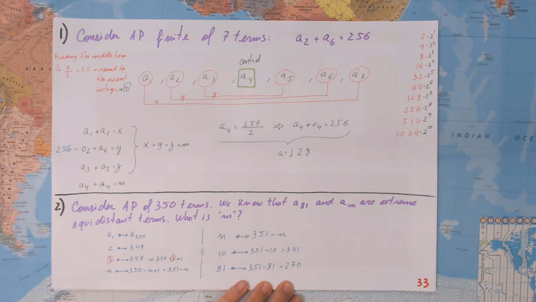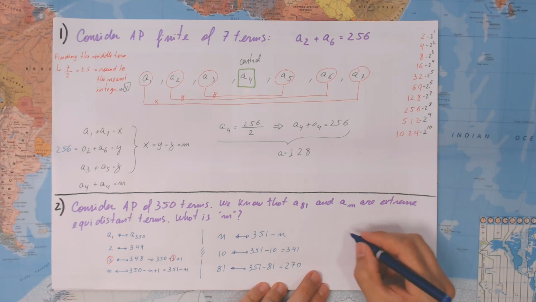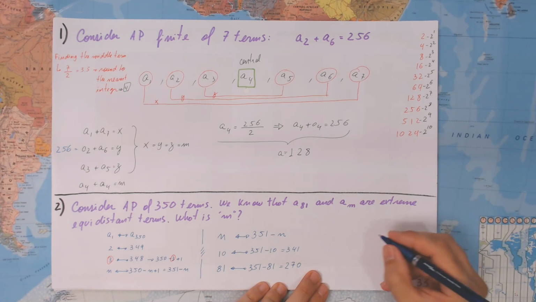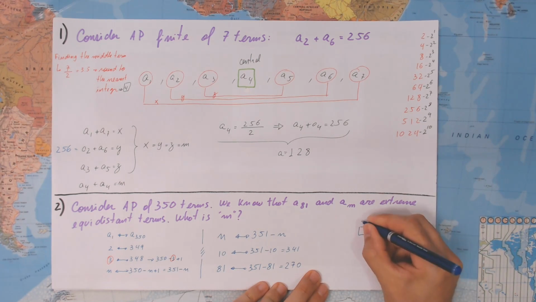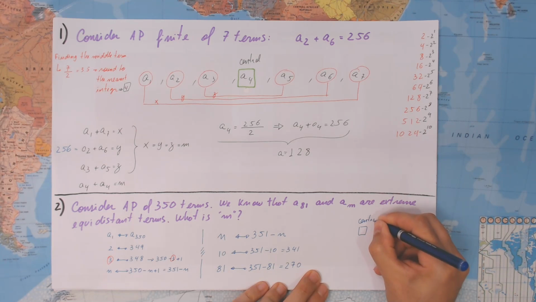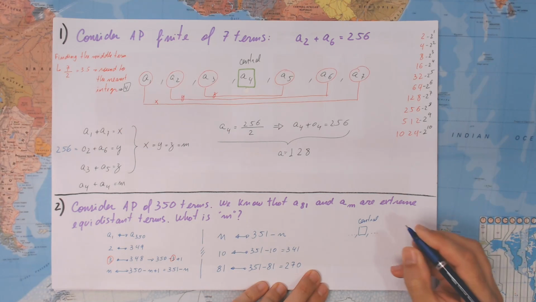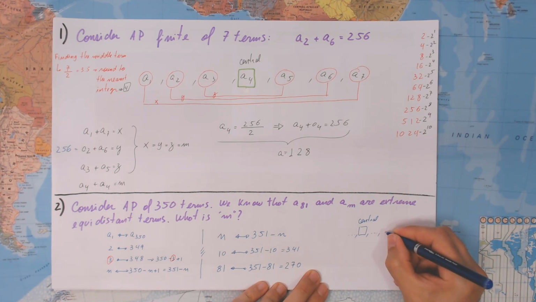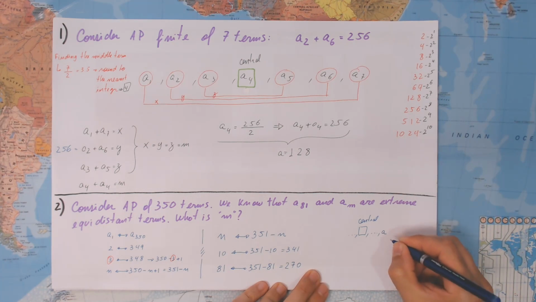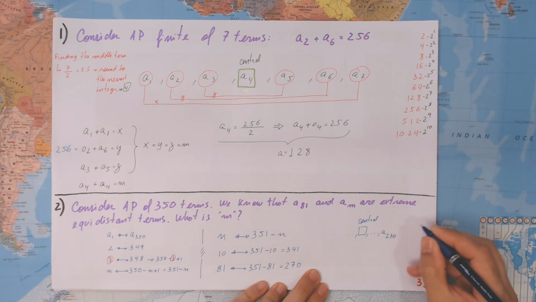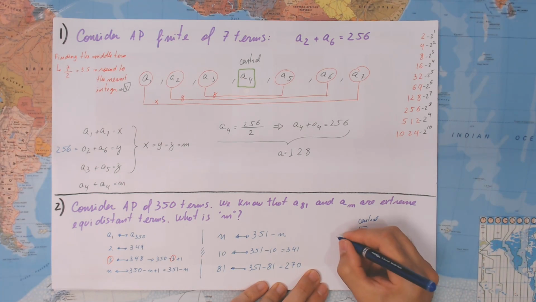Just that. Okay, so this is what it's going to happen. This is going to be the central. This would be a270, and this would be a81.